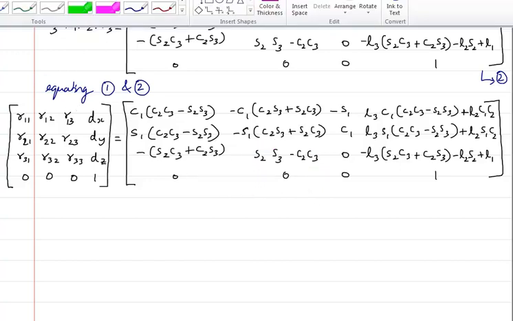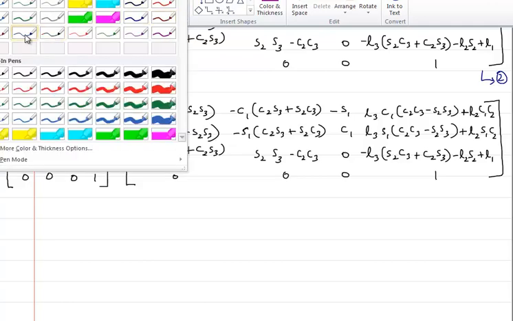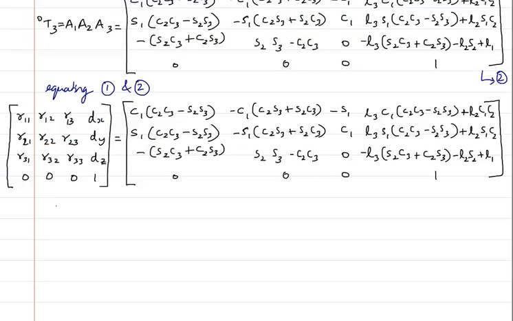So I will say, from this, minus S1 by C1 is going to be equal to R13 by, sorry, R23, from which this will come out to be minus tan.